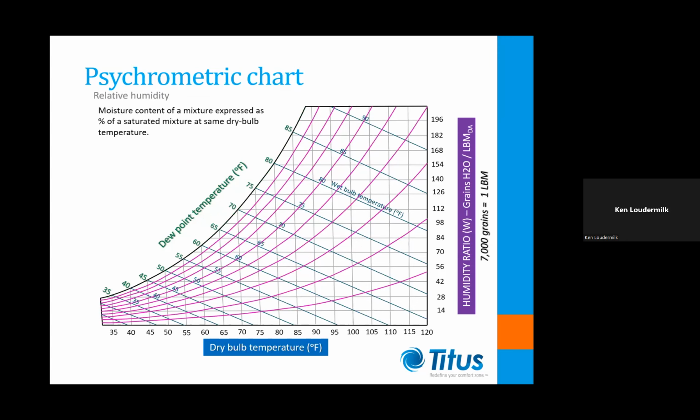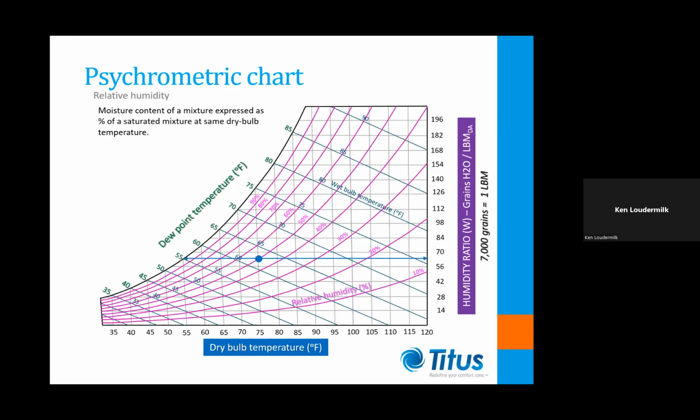The pink curves in the body of the chart represent equal values of relative humidity. The relative humidity of the moist air mixture is defined as its moisture content expressed as a percentage of a saturated air mixture at the same dry bulb temperature. Notice that the 100% relative humidity curve coincides with the saturation line.